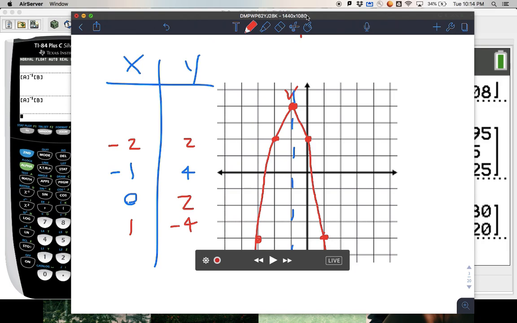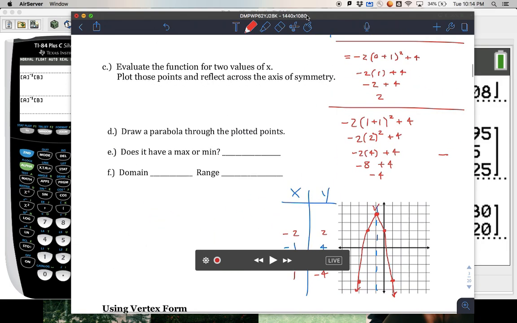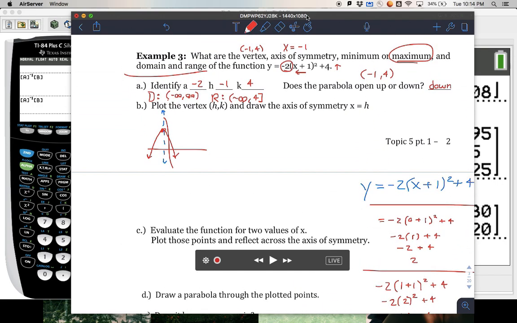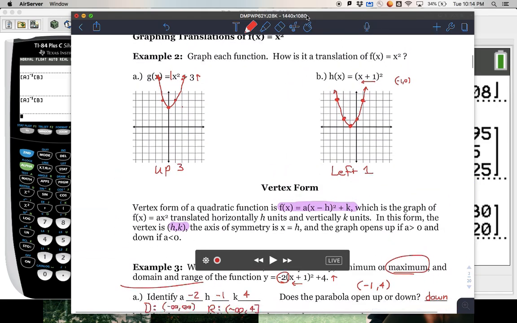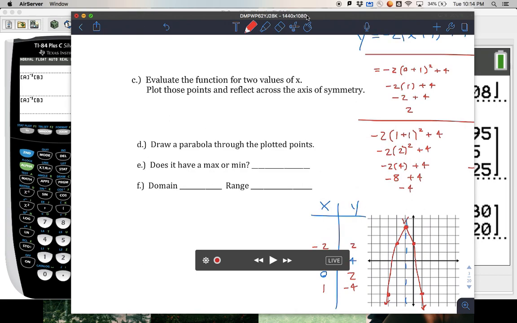Now, sometimes you're going to have graphing calculators, so don't overstress about that. Usually we give you the ones where your A value is 1 and it kind of has that same shape, like these two that we just did. So that'll speed up the problem here. So we did part C, we drew the parabola.